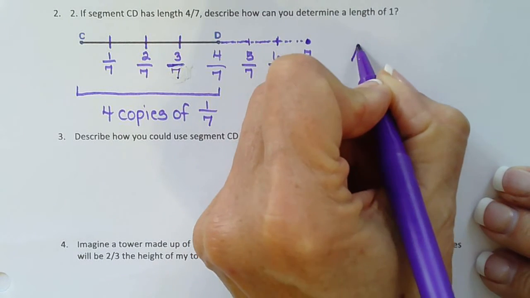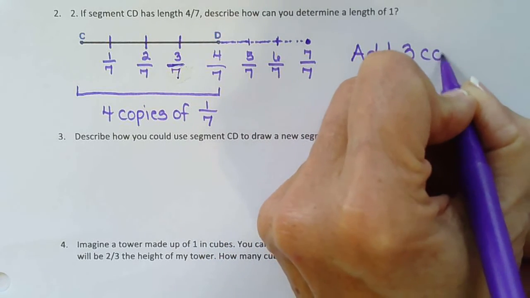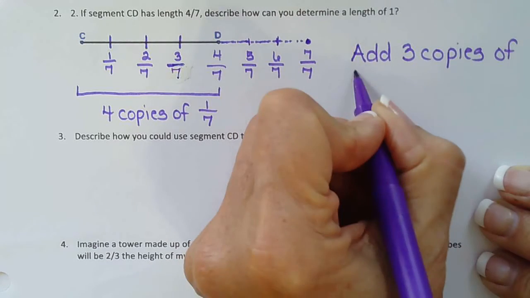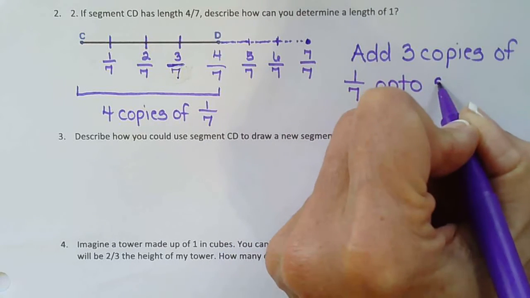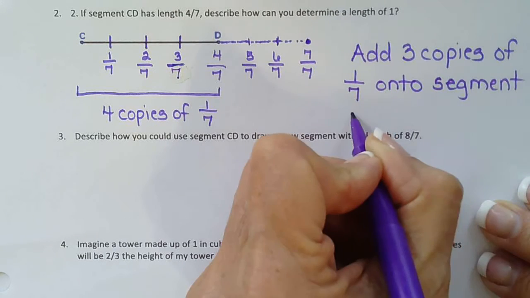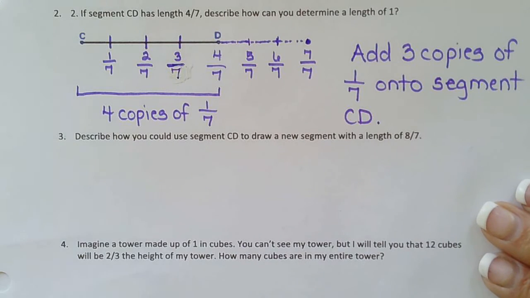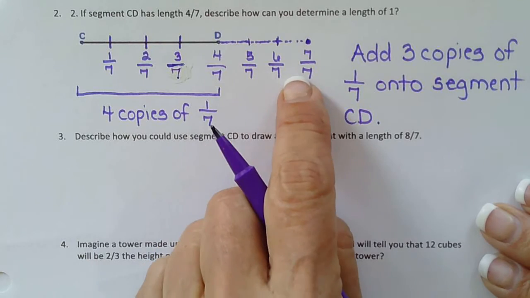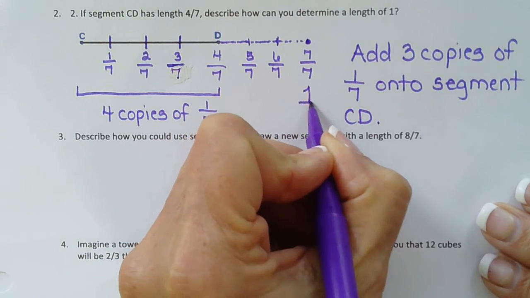So describe: add 3 copies of 1/7 onto segment CD. So in order to make a segment of length 1, we have 4 sevenths. We add on 3 more copies of 1/7 to get 7 sevenths, which is 1.